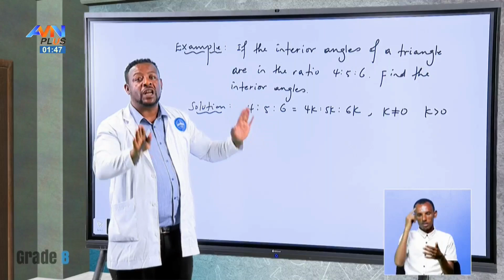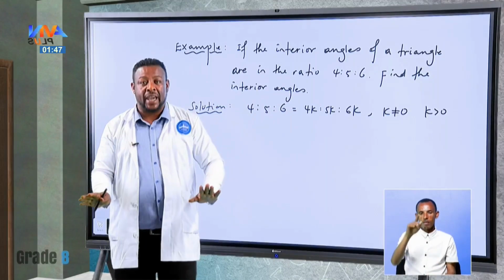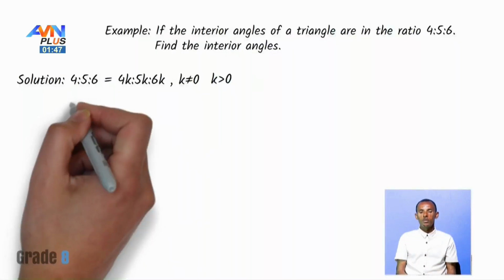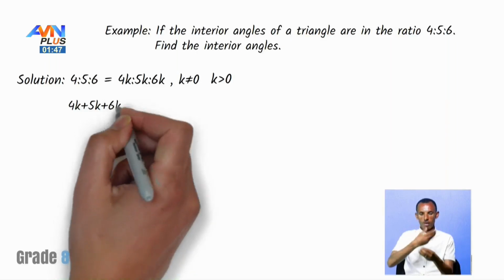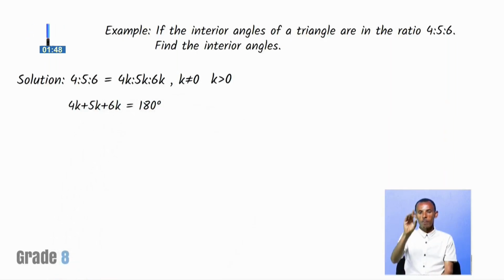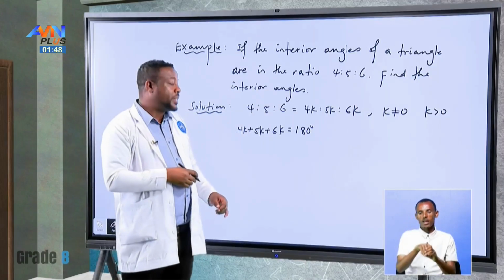Assume the original values of each angle are 4K, 5K, 6K. Now 4K plus 5K plus 6K must give us 180 degrees. The sum of all these interior angles must be 180 degrees.